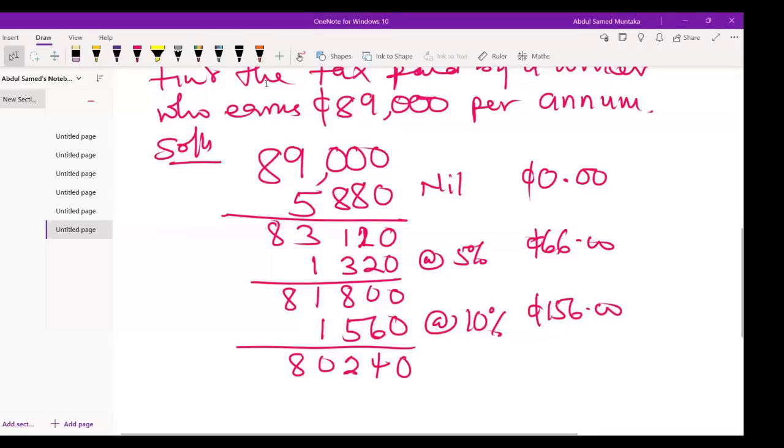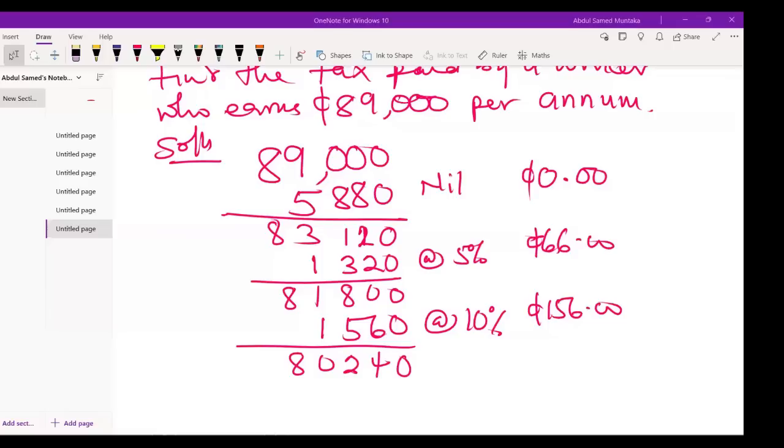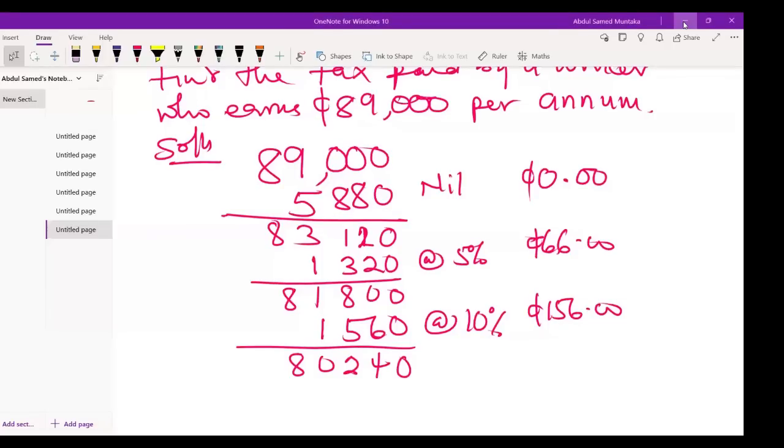Then we are going to pay the next 38,000 at 17.5%.